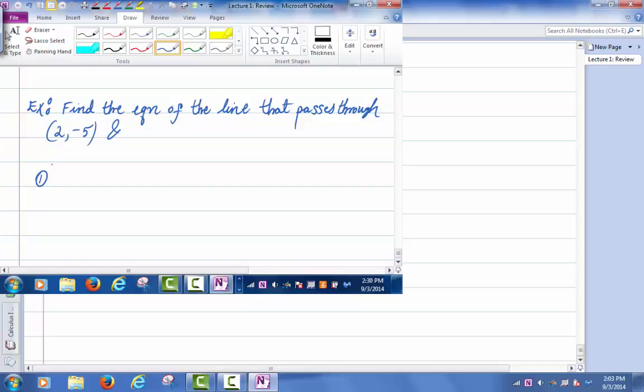Each question will use this first statement. And has slope -3. So what's the equation of the straight line passing through the point (2, -5), having slope -3? Well, what's the answer? What's the equation? Yeah, go ahead.